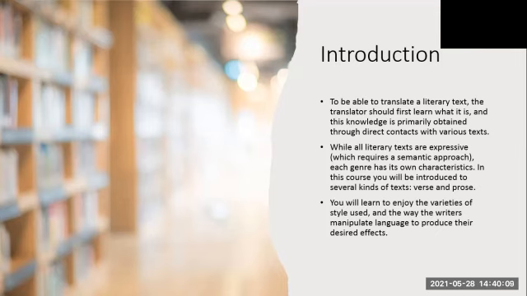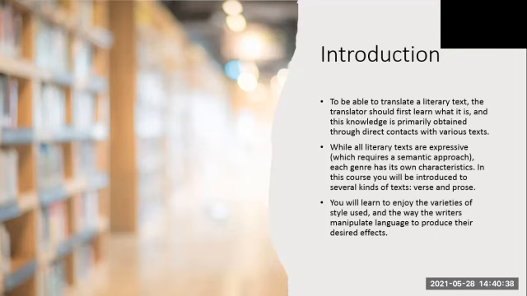Now, we know that all literary texts are expressive, because I think you have done that before in the science of translation. Literary texts are expressive, and this is what Peter Newmark has said about literary texts, and this requires a semantic approach, ترجمة دلالية.